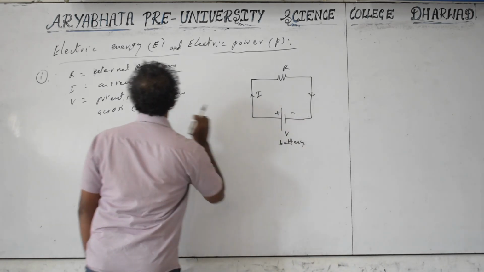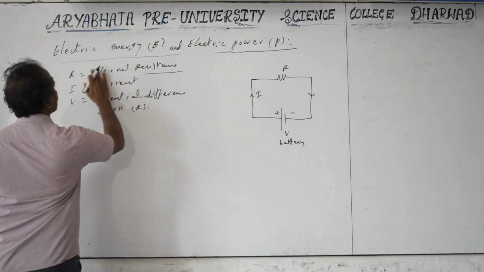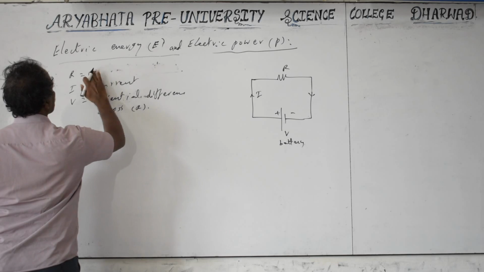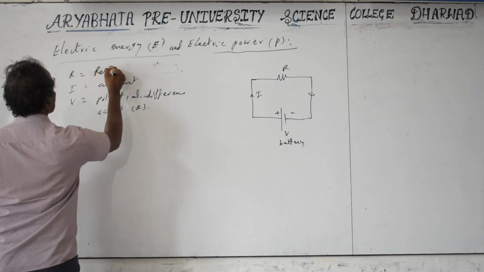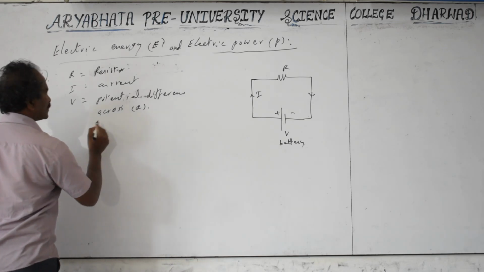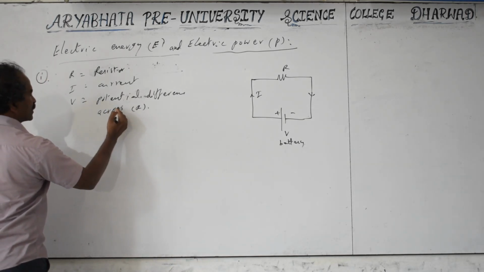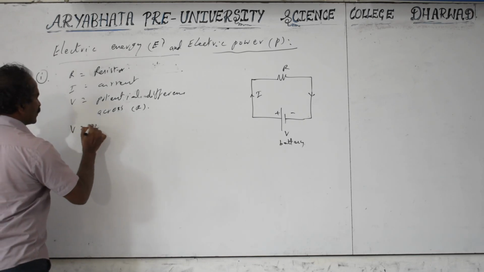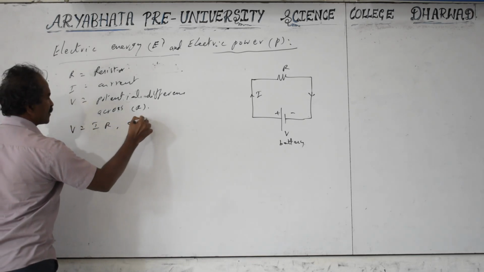I am discussing only external resistance right now. We are not going to discuss internal resistance at the moment. Simply take it as a resistance, a resistor. Across R, the voltage is V, so we have the formula V equal to IR, which is Ohm's law.